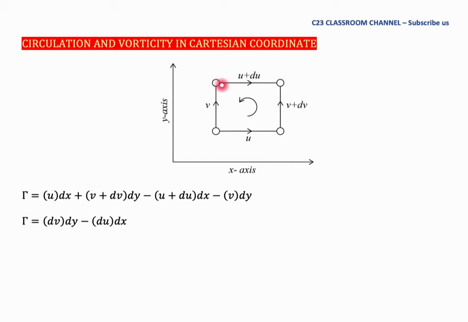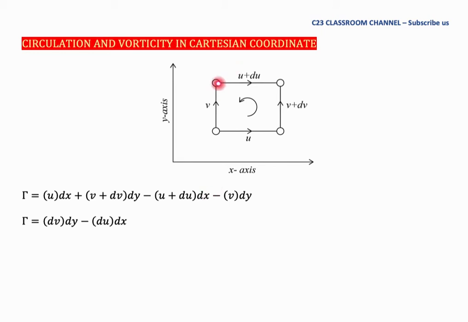Then the molecule travels from here to here. At this situation, we know that the velocity u works from left to right. So this is u and this is u plus du. Because the direction here is now reversed relative to the velocity of this one, we have negative (u plus du), and the distance traveled by the fluid remains the same, which is equal to dx.